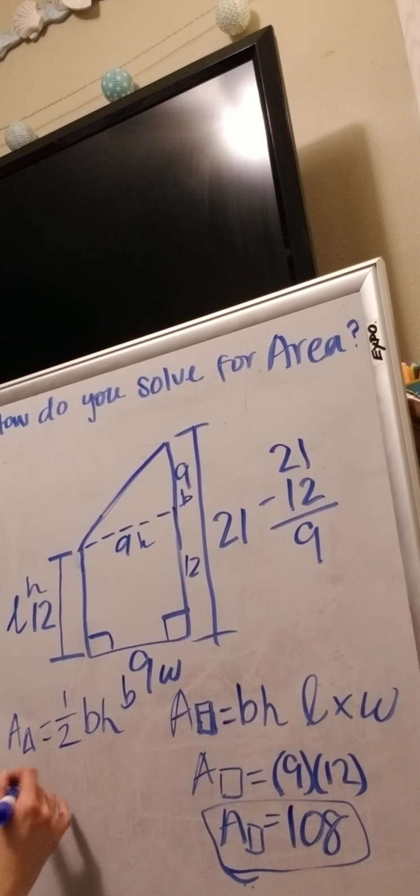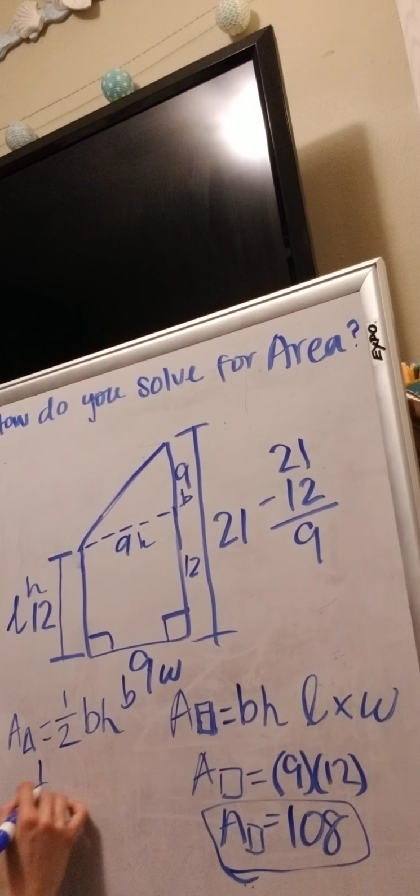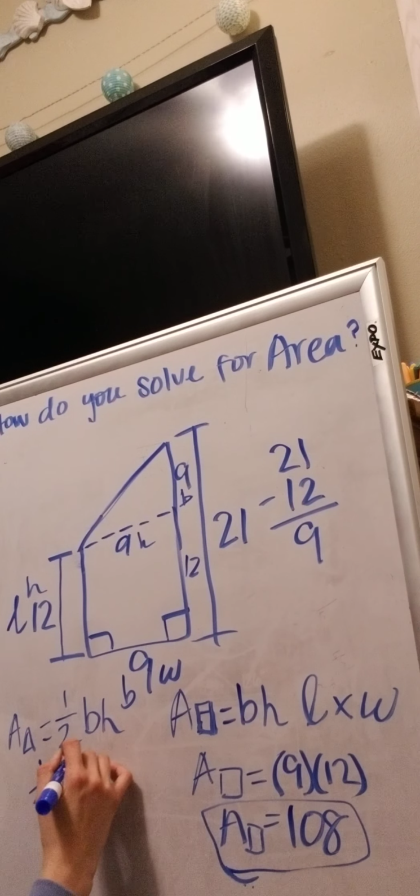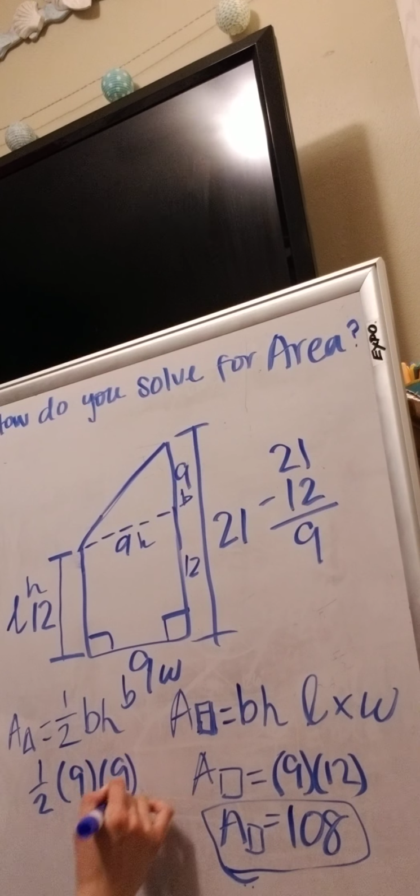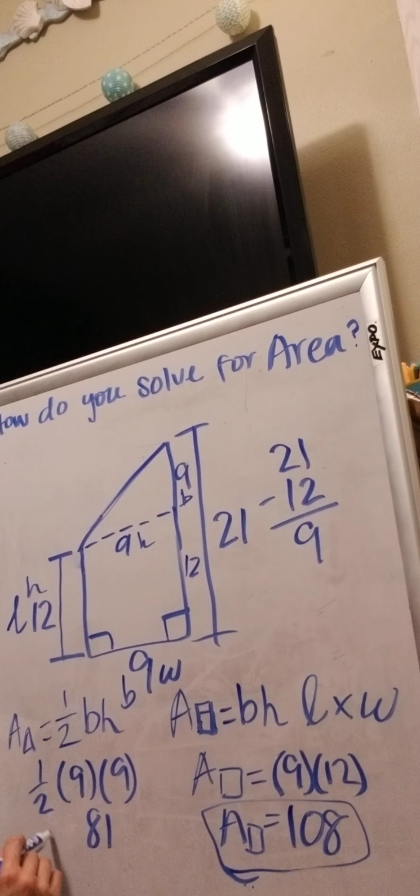So the formula over here, half times the base and the height. So 9 times 9 is 81. And then we're going to put that in half. It's going to be 40.5, which is the area of our triangle.